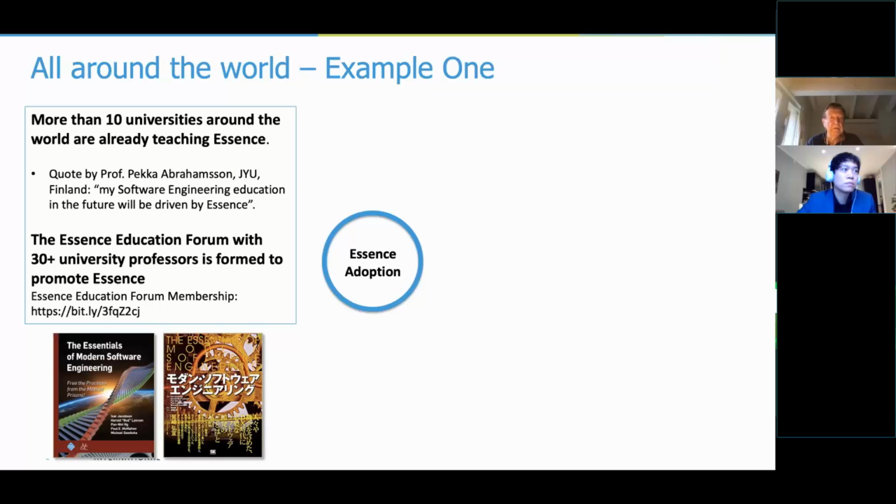We have a meeting next Monday, and that is a meeting where we'll discuss activities. There are two books, one book that is written for universities. It's The Essentials of Modern Software Engineering, translated to Japanese and now translated to Korean and a couple of other languages. So this is the academic world.